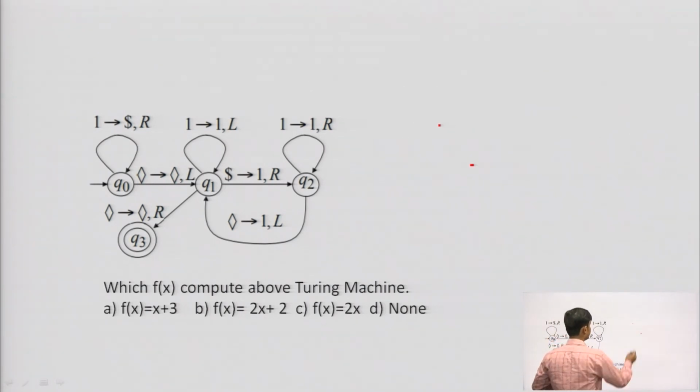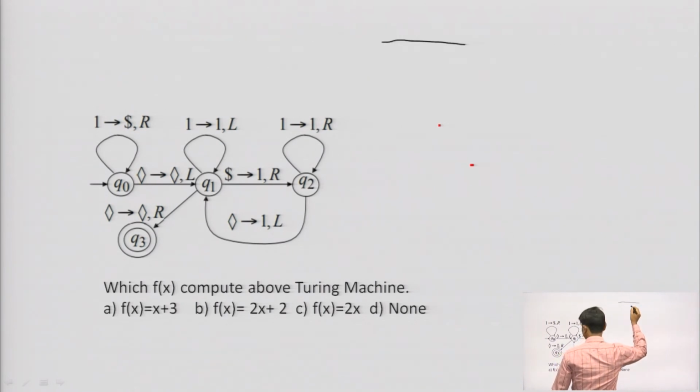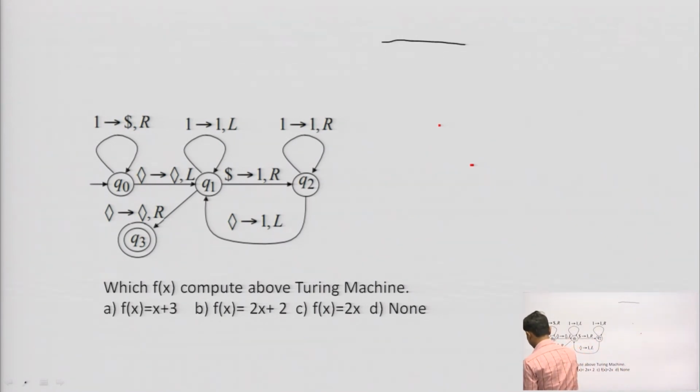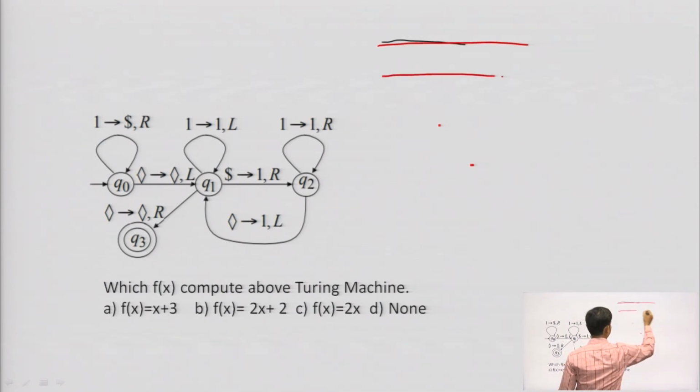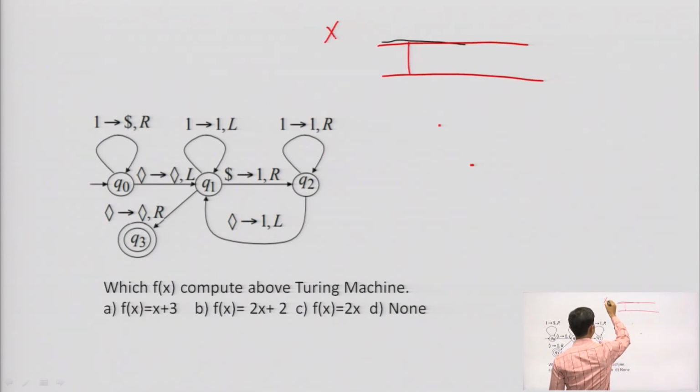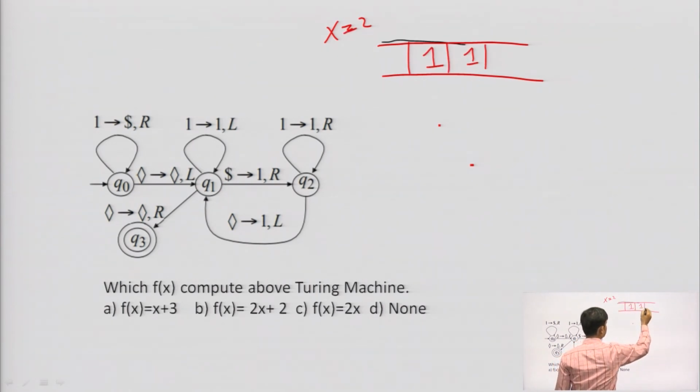Suppose you take x as 2. We will check x is 2. So, with unary input alphabet, you take 1 and 1, then after that you check this is a blank.